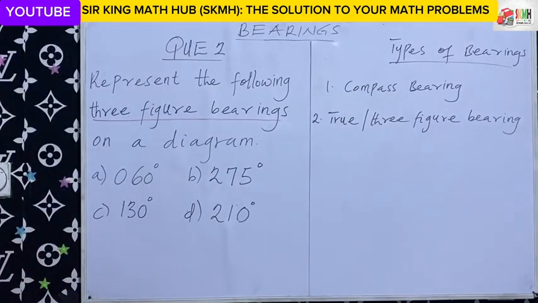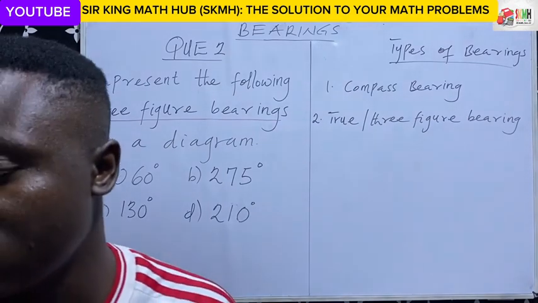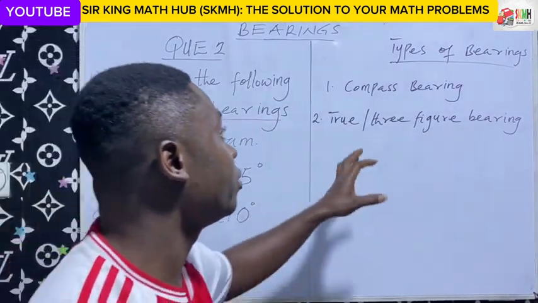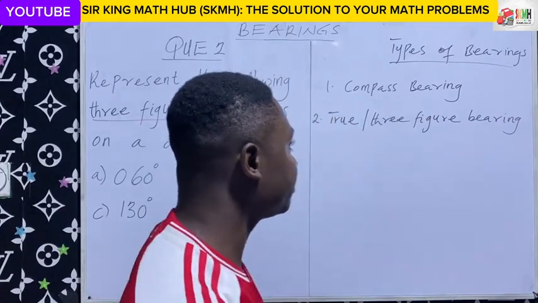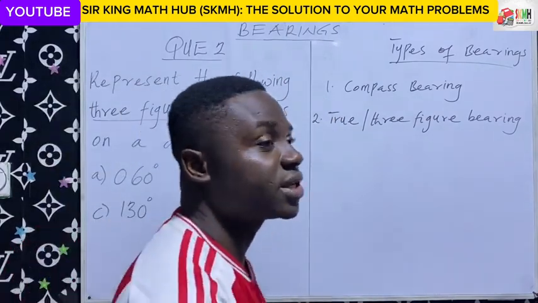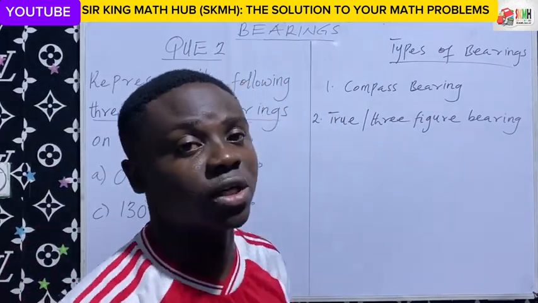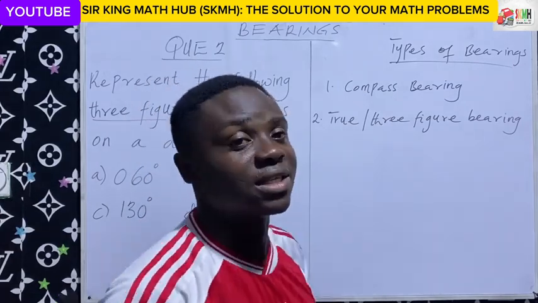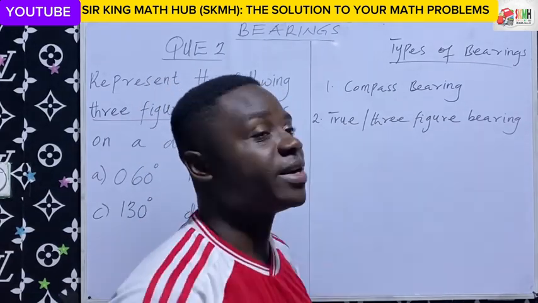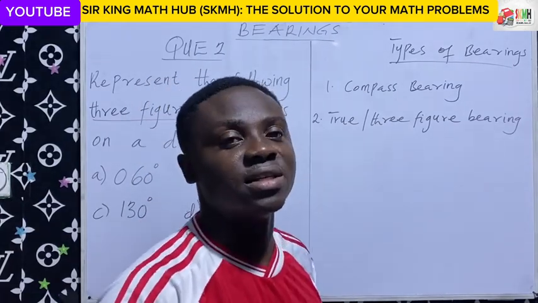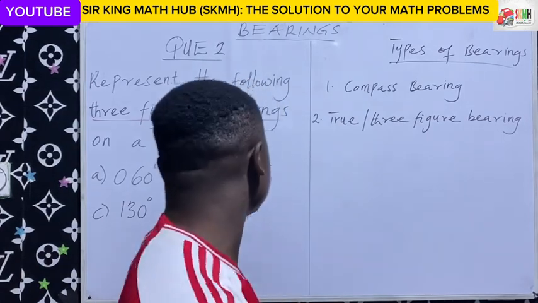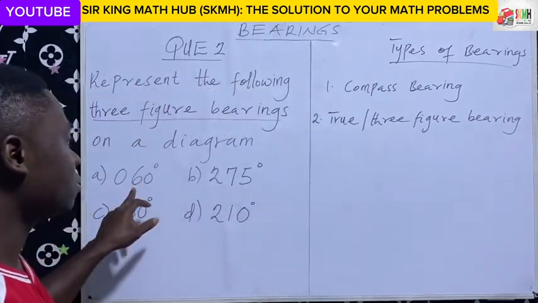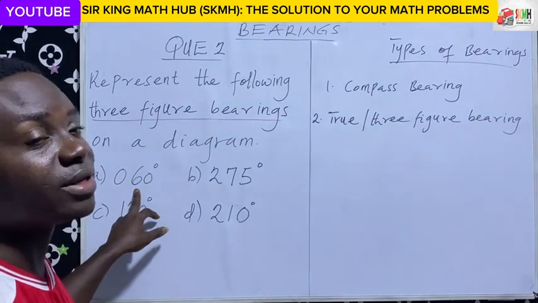Now, for the 3 figure bearing, it has some key characteristics that we should take note of. As the name suggests, in this kind of bearing, the bearings are written in 3 figures. You see how 60 degrees has been written.